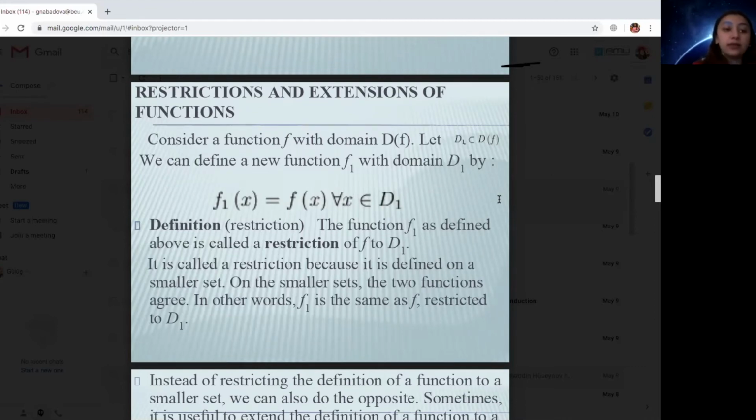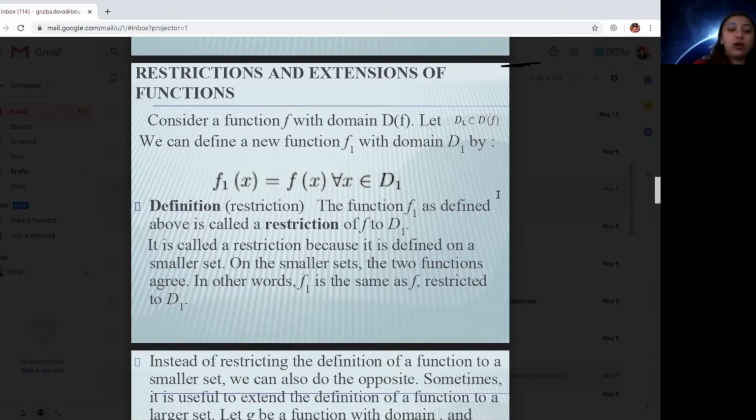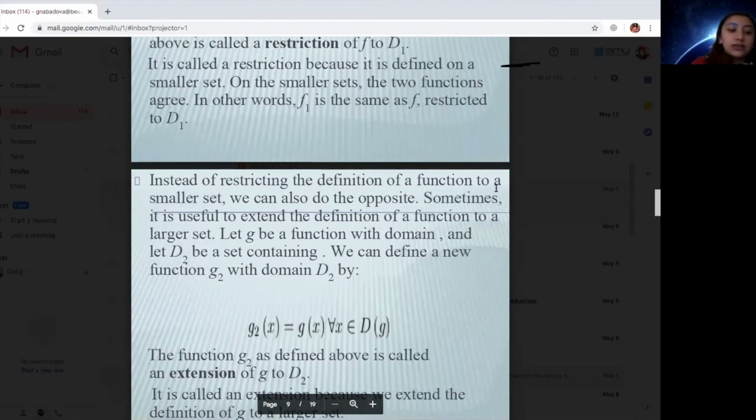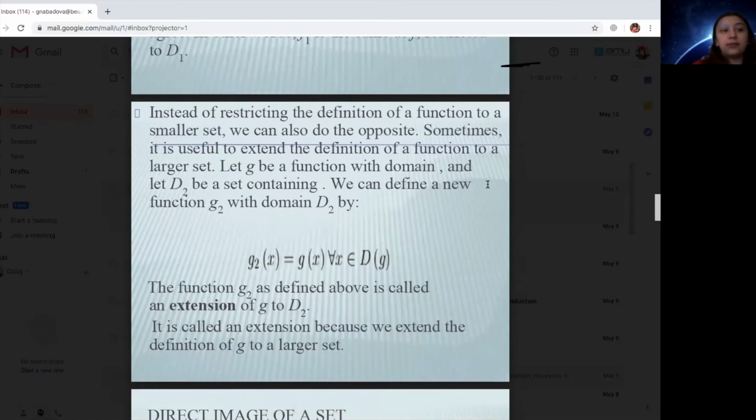And about the extension, here is the definition. Instead of restricting the definition of a function to a smaller set, we can also do the opposite. We can extend it. Sometimes it is useful to extend the definition of a function to a larger set. For example, can we do it below, please? Let G be a function with domain D1, and let D2 be a set containing D1.